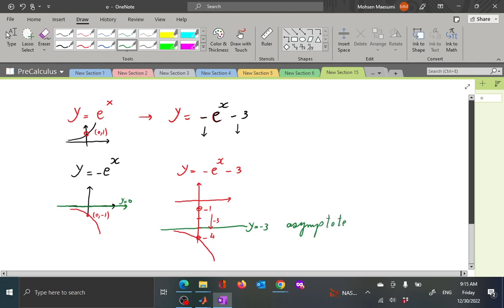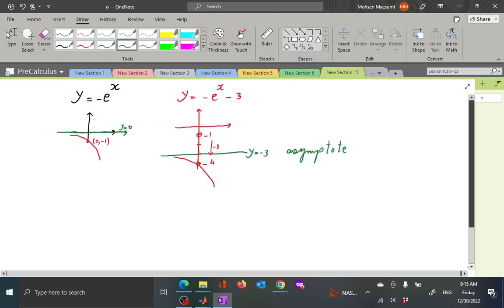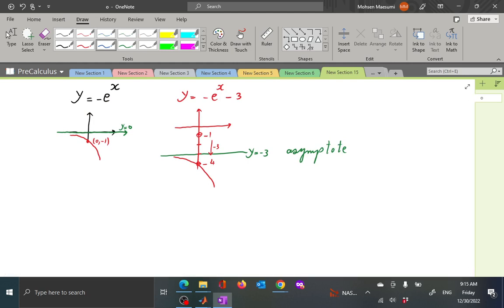If they ask for it, what else do they ask for here? Well, they ask for the domain and the range. Domain, same as before, all x's for which you have a value for the function. So at any x, I can find where the function is at. It's like looking for a roof or a floor, if you wish.